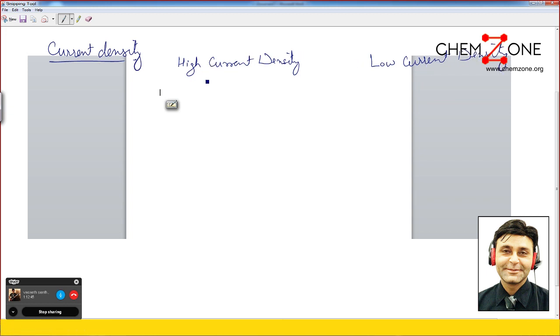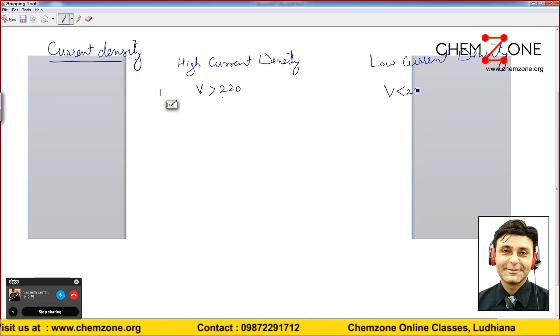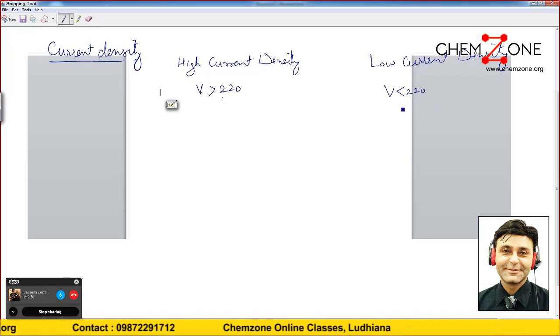If the voltage is above 220 volt, then we say it's a high current density. If the voltage is less than 220 volt, we call it low current density. First of all, I have defined what is meant by the high current density and the low current density.